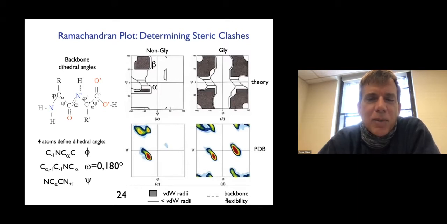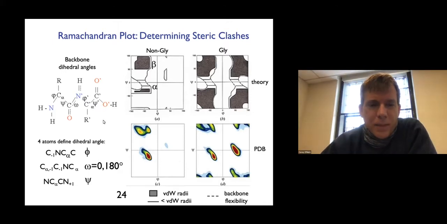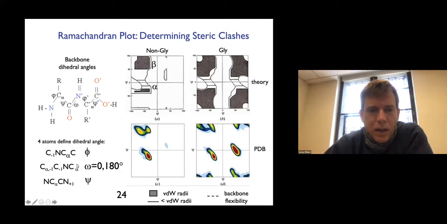I'm going to put that dipeptide into that particular backbone conformation, and I'm going to ask, do any of the non-bonded atoms in that dipeptide overlap? So for example, the oxygen of the central carboxyl group, does it have any clashes with the nitrogen?